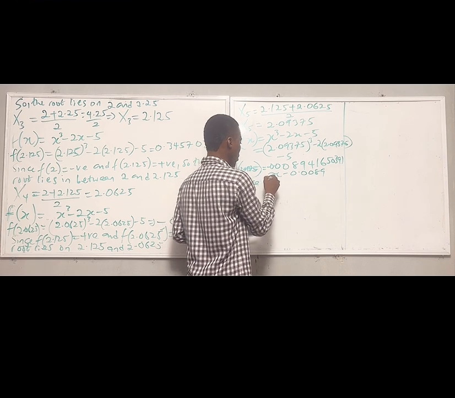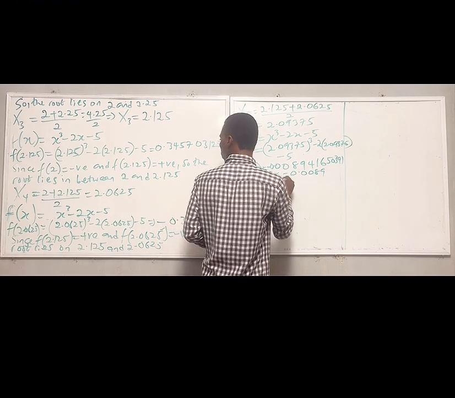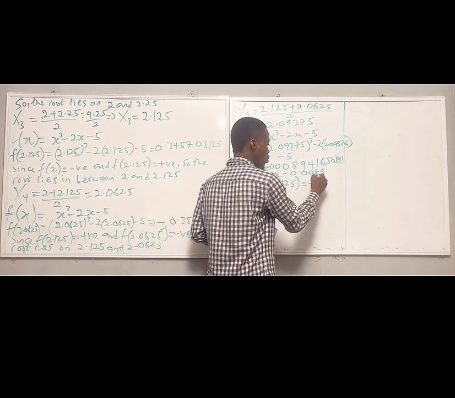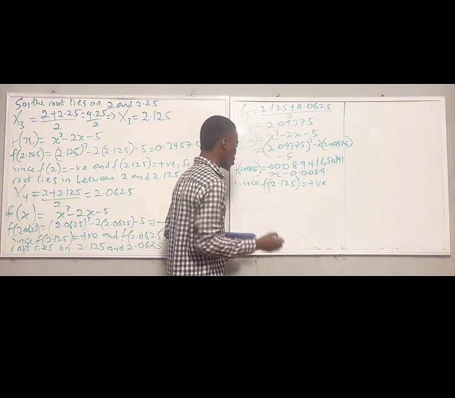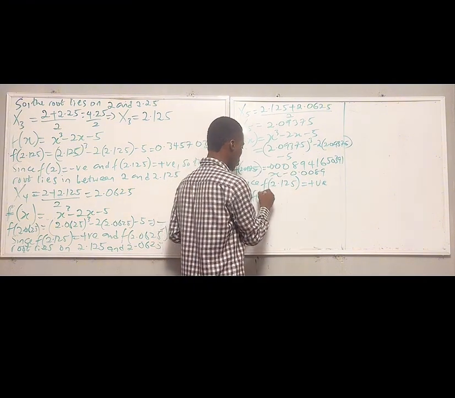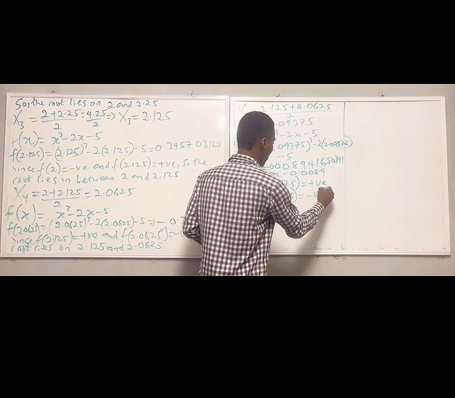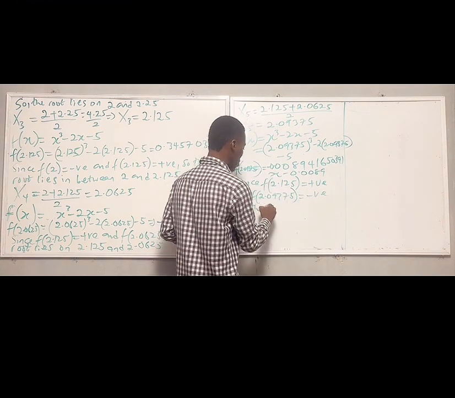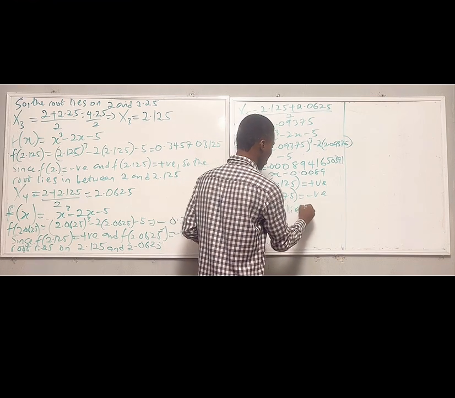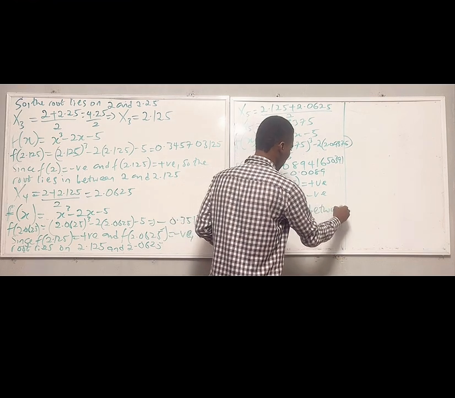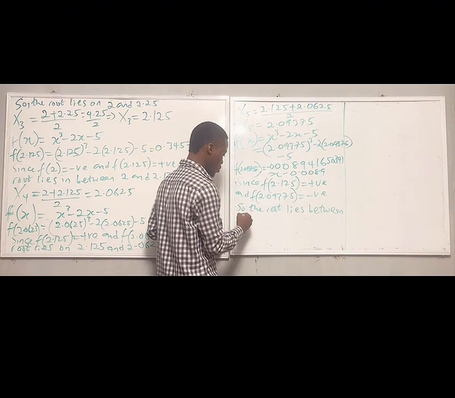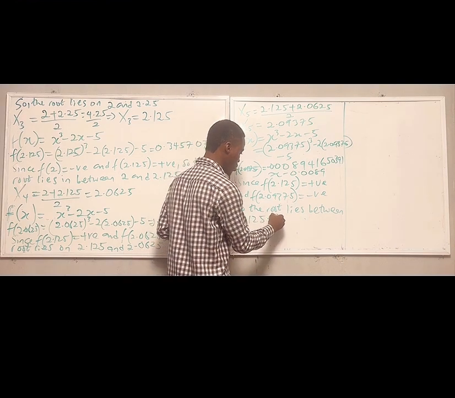Since f of 2.125 gave me positive, and f of 2.09375 gave me negative, the root lies between this 2.125 and 2.09375.